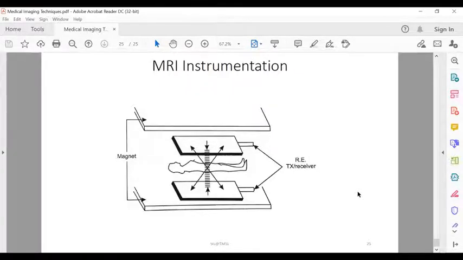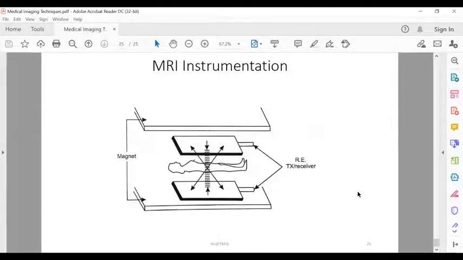Another is the ECG-referenced gradient echo, used for displaying dissection within the aorta, and whether the extent of the dissection can be detected. Cine gradient echo is used for assessing cardiac contractile function.